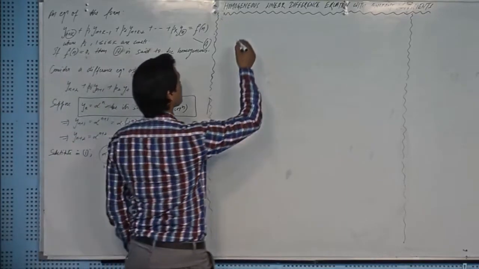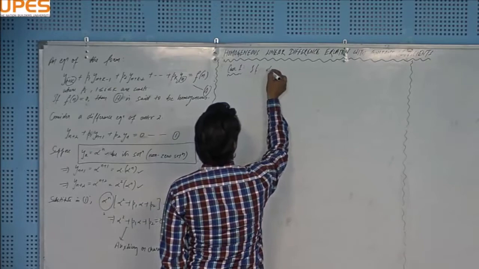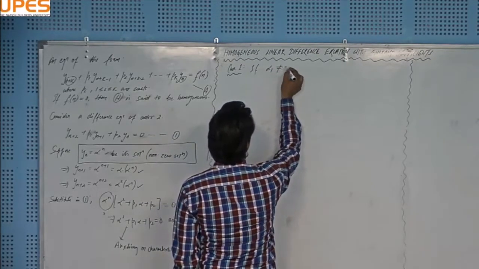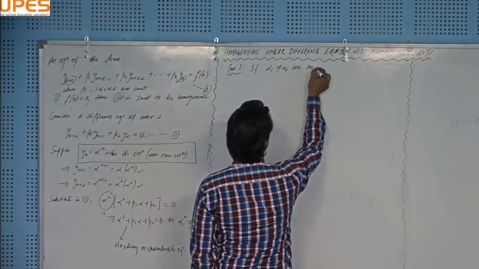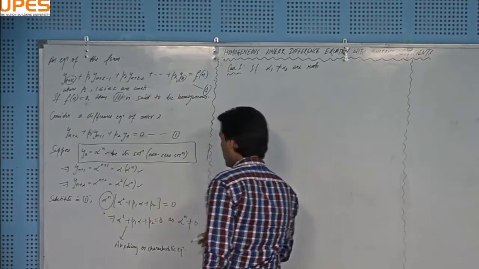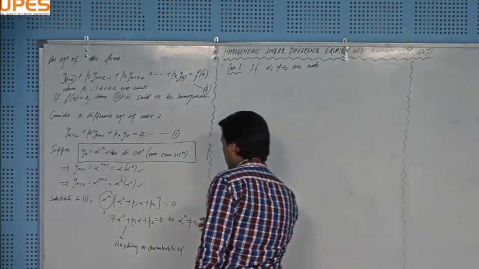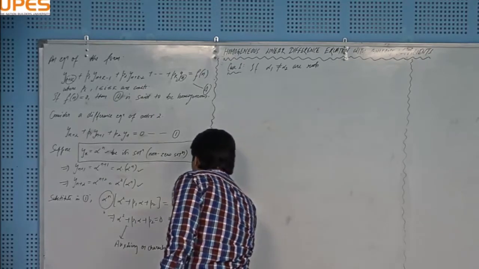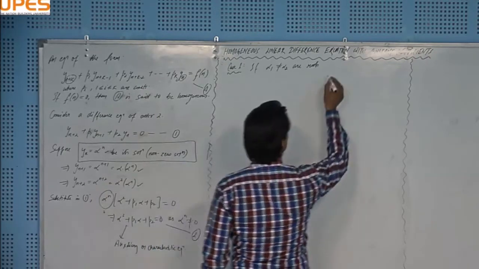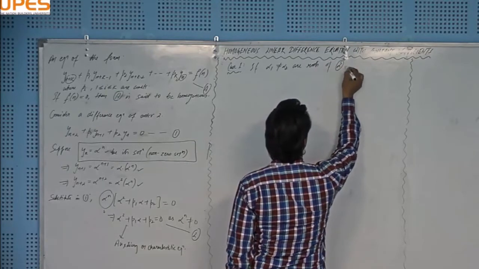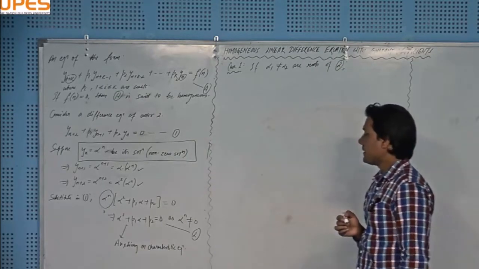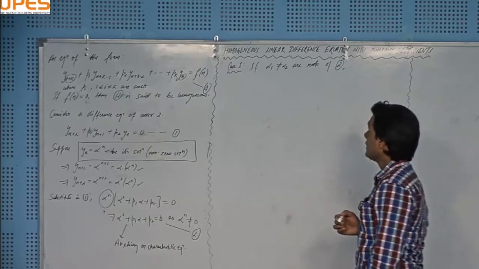The first case, case 1: if alpha 1 is not equal to alpha 2 are roots of this equation, let me call this equation number 2, right?